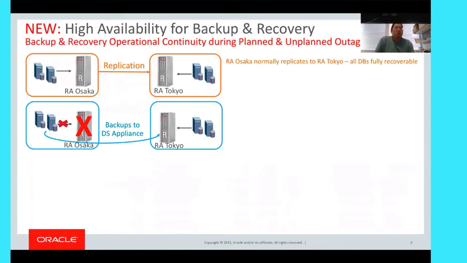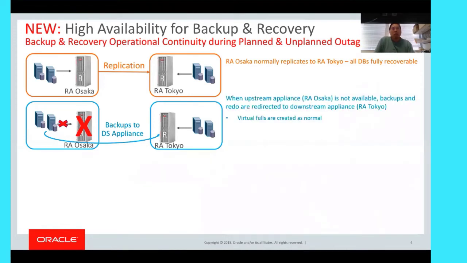So the redo that I mentioned before gets failed over automatically to the downstream appliance, Tokyo, and your RMAN incremental backups also get automatically failed over on the next run. So you basically have continuity of both the redo and the backups to the secondary appliance, Tokyo. The virtual fulls are created as normal on Tokyo, so you don't lose any recoverability, and your backups continue to be preserved. So you have essentially a transparent failover to the secondary appliance.